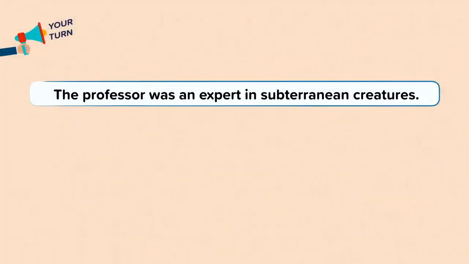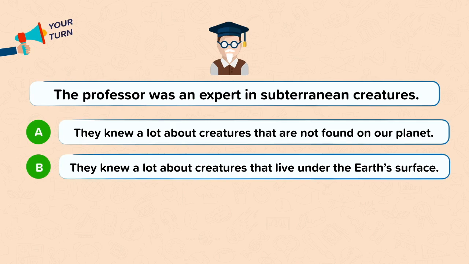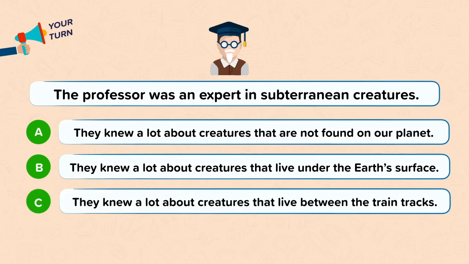And now another sentence here. The professor was an expert in subterranean creatures. Does this mean that they knew a lot about creatures that are not found on our planet? They knew a lot about creatures that live under the Earth's surface? Or they knew a lot about creatures that live between the train tracks? 10 seconds to have a think.